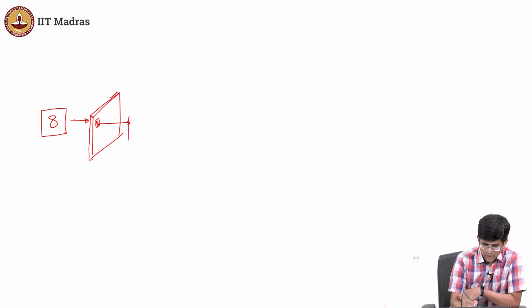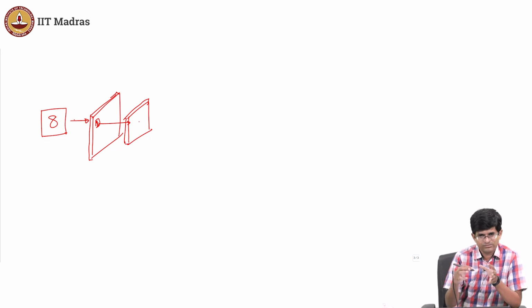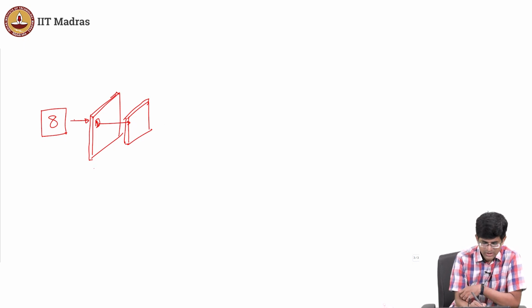So the output of the convolutional layer is once again another image, which then needs to be downsampled, reduced in size. So this would be a convolutional layer. This would use something called a pooling layer that reduces the size.